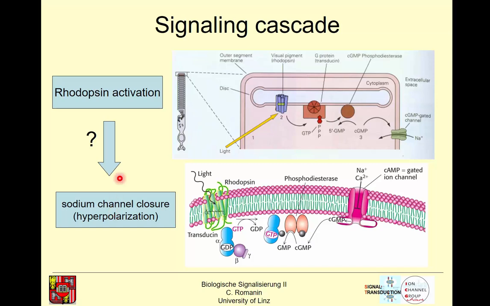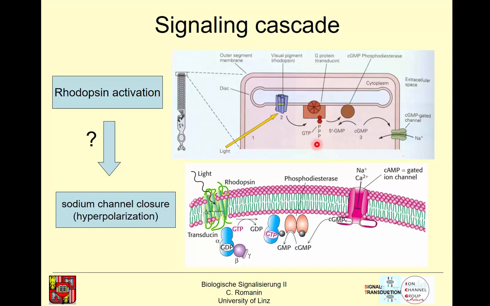The question is, what is in between the receptor and the closure of the sodium channels? Here you see two different images of the cascade, particularly the beginning. That one is correct with its localization. Maybe that one is a little bit better as a cartoon, but it's not correct because here it seems that all is happening in the same plasma membrane.